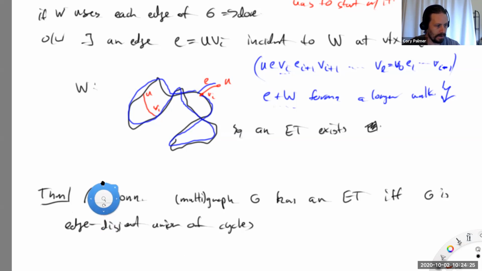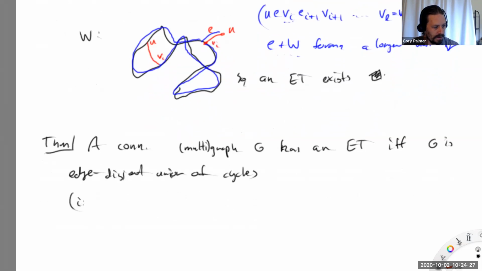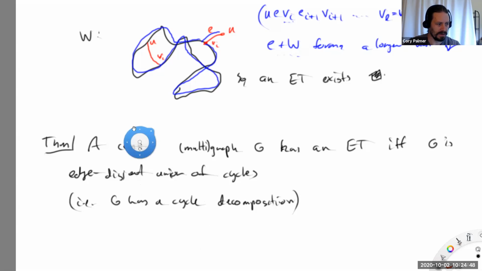Okay, I'll give an example here in a moment. That's the same as saying G has a cycle decomposition. If you've been reading some of the open problems, and maybe there was an exercise of this type in the notes, this stuff has been defined there. But let me just explain what a cycle decomposition is.